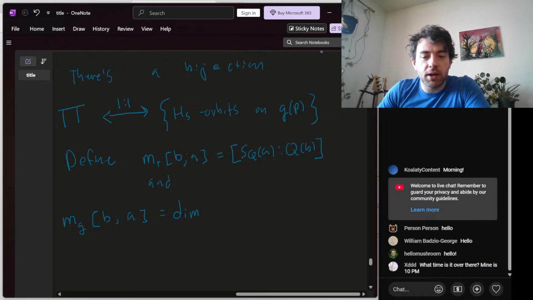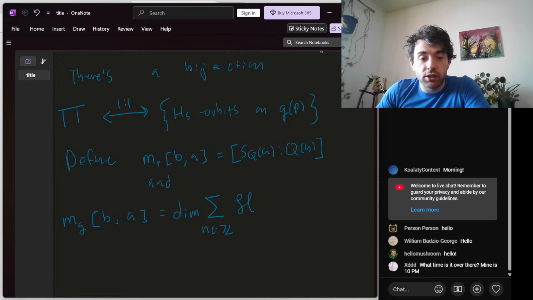One way to write this is the dimension as you sum over all the integers n of the nth cohomology of the intersection cohomology complex. This was a perverse sheaf attached to the trivial representation on the orbit.